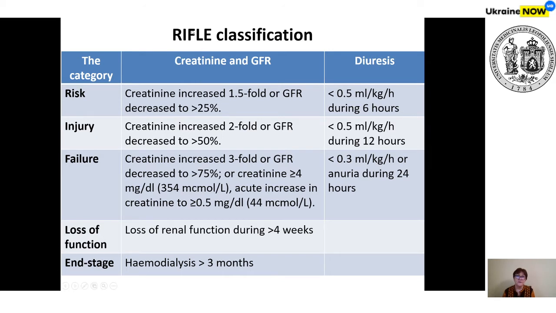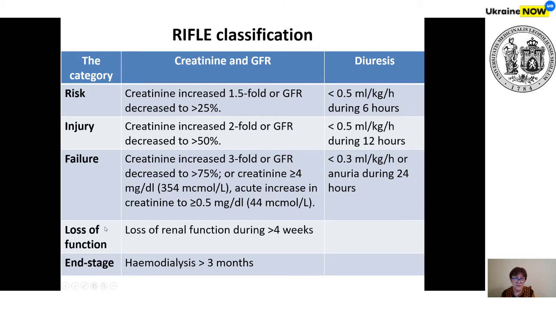It's the first letters of these stages: risk, injury, failure, loss of function, and end-stage renal disease. Now you can see that the first 3 grades are taken from the AKIN classification, and grade 1 is called risk of injury, grade 2 injury, acute kidney injury, and grade 3 acute kidney failure.